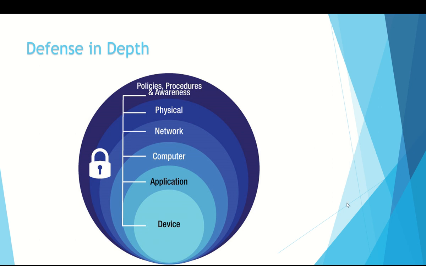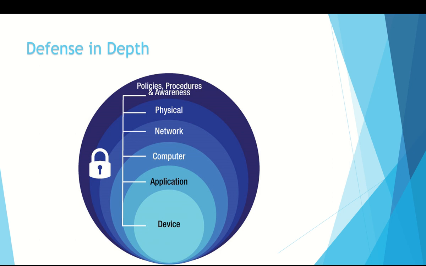So the first one is the physical layer. The physical security layer is the first line of defense to protect computing hardware in the data center. The identity and access layer controls access to infrastructure and change control.